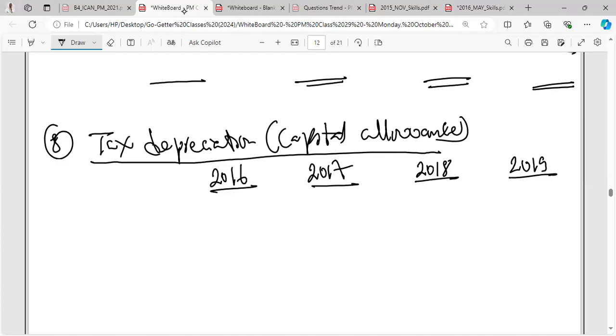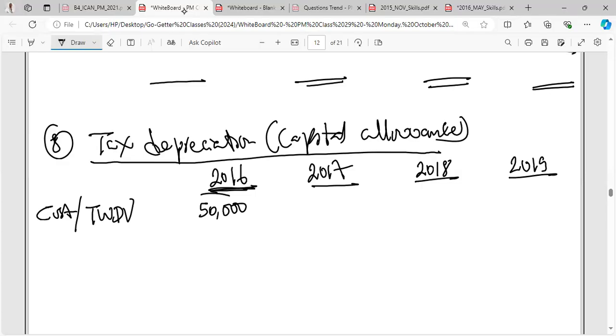Okay, so we'll say cost, tax written down value. At the beginning of 2016, which is year zero, the beginning, the investment was 50,000.